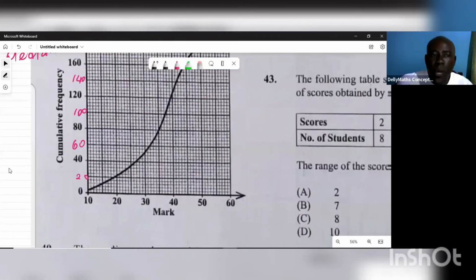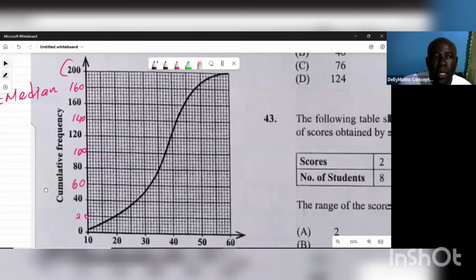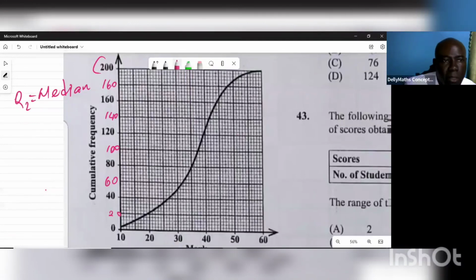Q1 is 25% of your sample. So now, remember though, Q1 is 25%. So 25% of 200 is 50. Half of it is that. All right. Now you realize that look how you're going up.